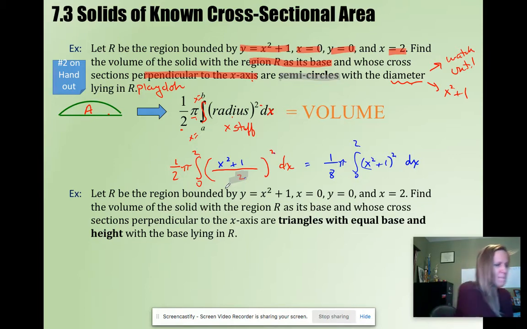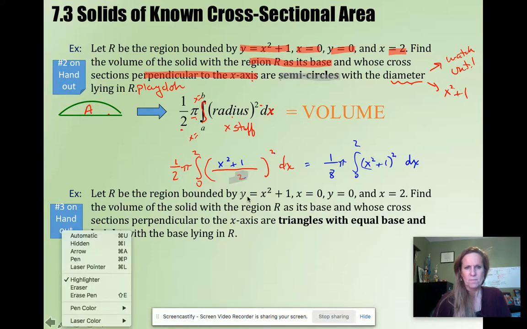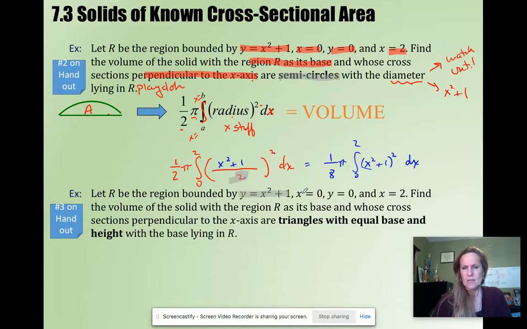All right, next shape. Triangle. This is number 3 on your handout. Same shape, same boundaries.